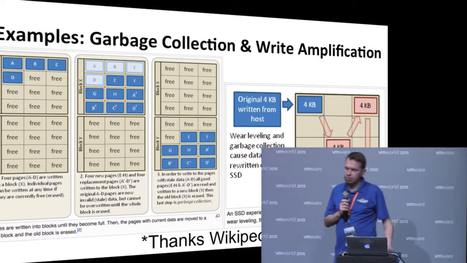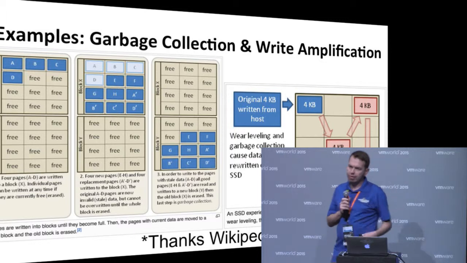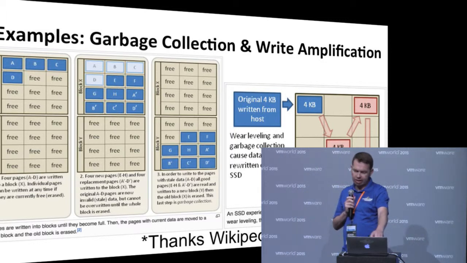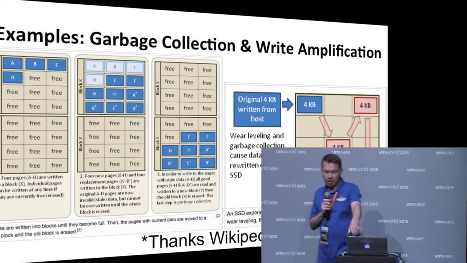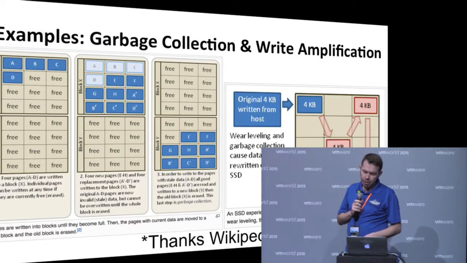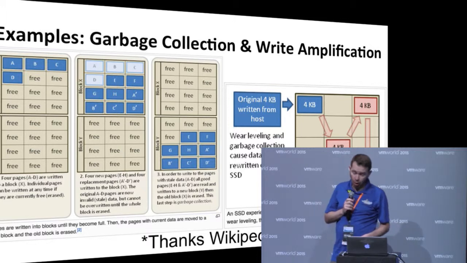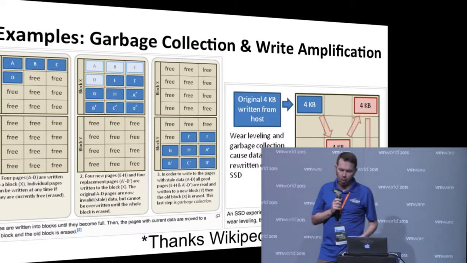Garbage collection works as a background process, looking for blocks where there's data that's no longer current. It reads out the current data and moves it to a new block so that the old data can be erased. We've also got an example of write amplification. In that block there are all these 4K pages, and they have to be moved to another location before that block can be erased.